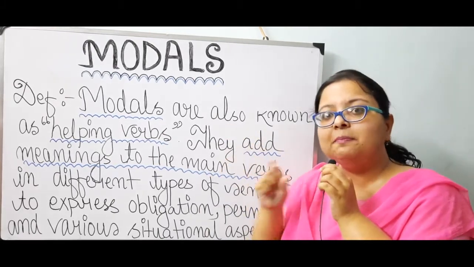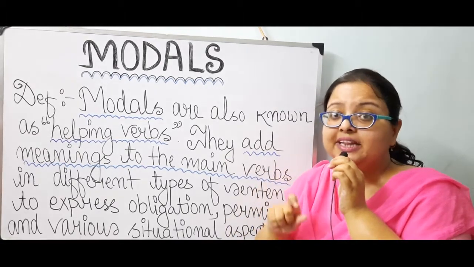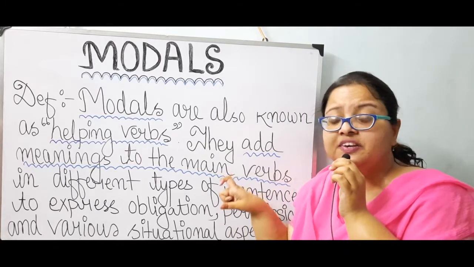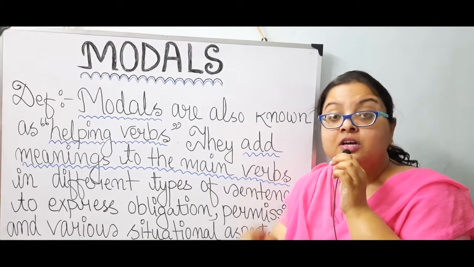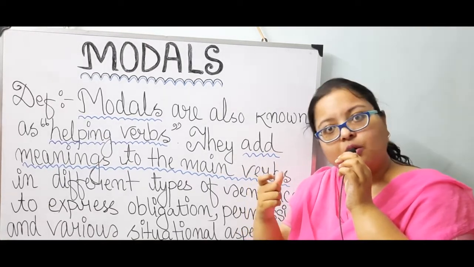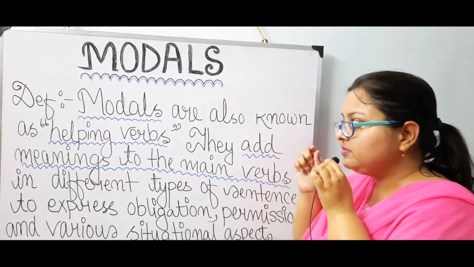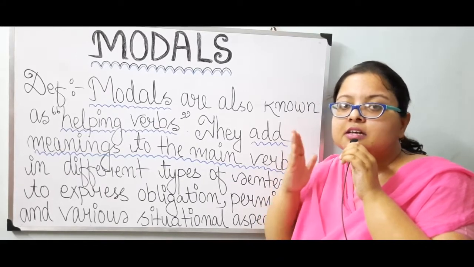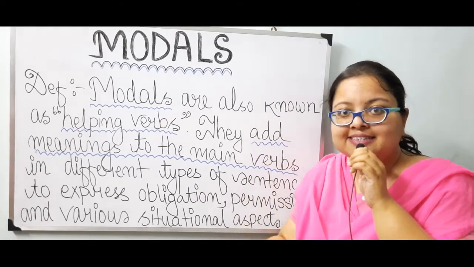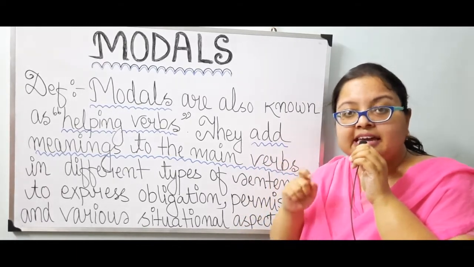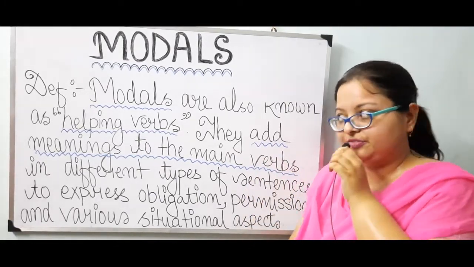They are used with the main verbs in order to add proper meaning to the sentence itself. Understood? So, a modal is used with a main verb in a sentence in order to give a particular meaning to the sentence.